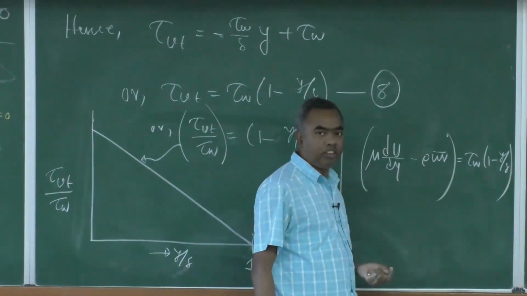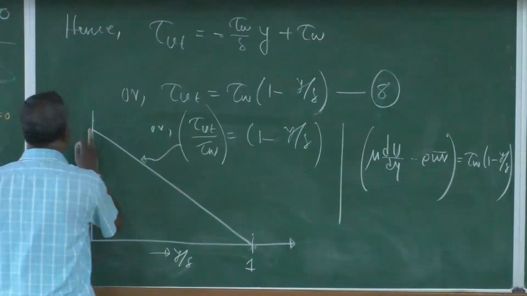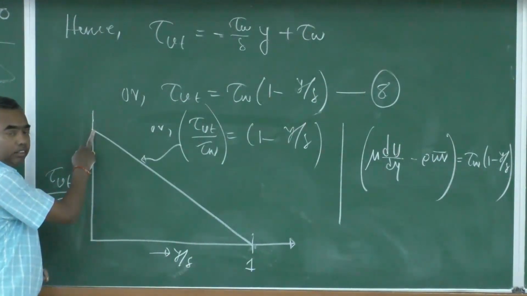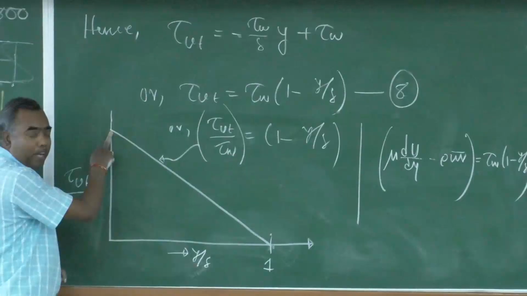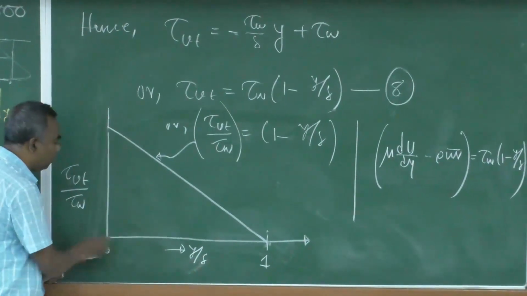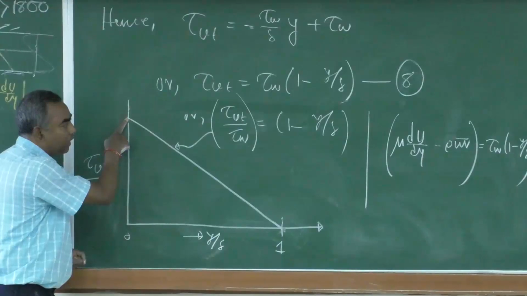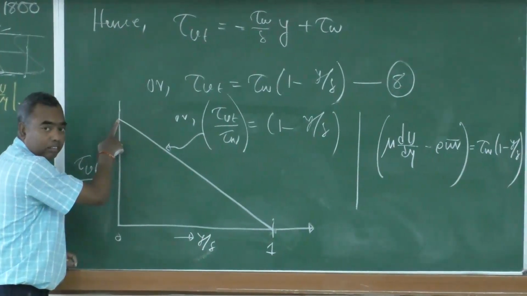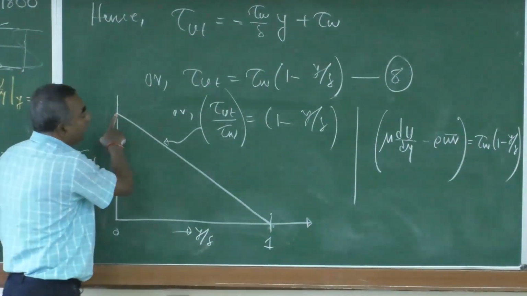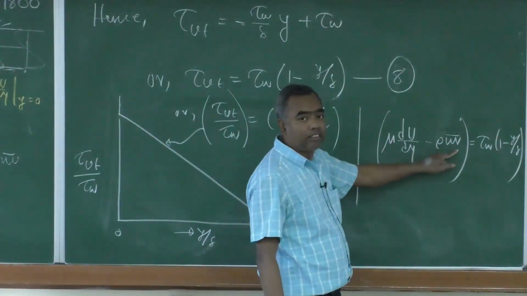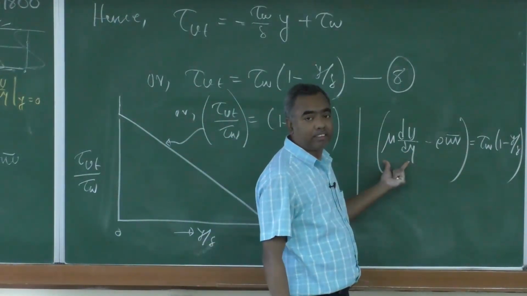the Reynolds stress quantity is 0. That means at y equal to 0 the stress is completely viscous stress, the wall shear stress. As you increase y, the Reynolds stress is going to increase, and this quantity is going to decrease.